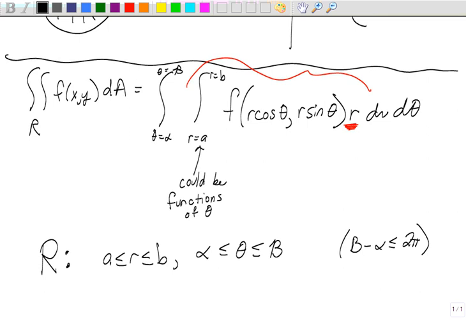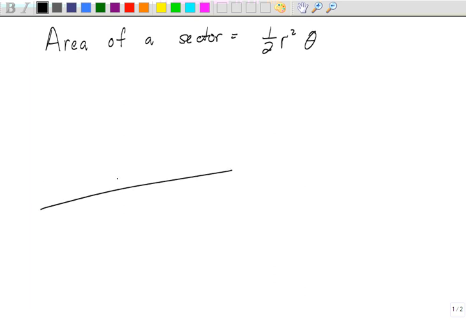Instead of proving it, let me explain where they get that extra r. First off, we talk about the area of a sector. That's like a piece of pie, and it is 1/2 r squared theta. So let me draw a sector here. This is called a sector, a piece of a circle.